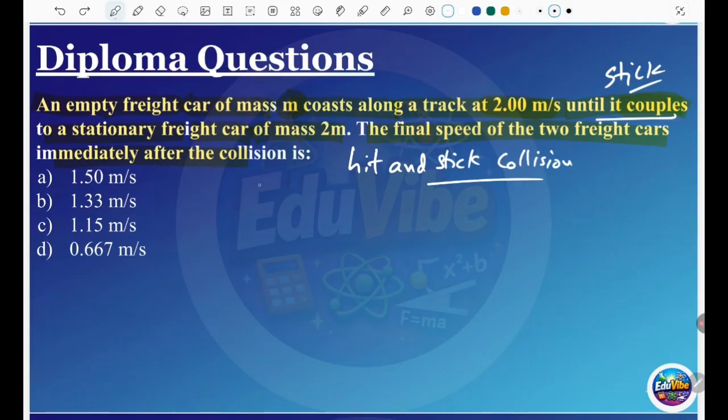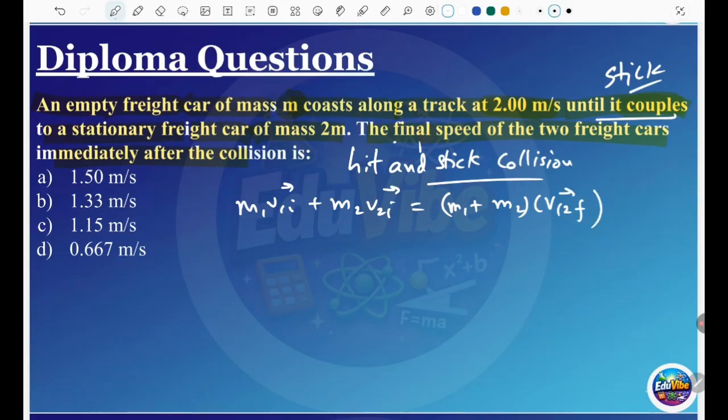For a hit and stick collision, we know the formula: m1v1i plus m2v2i is equal to (m1 plus m2) times the combined final velocity. The second car is stationary, so that term cancels out to 0.